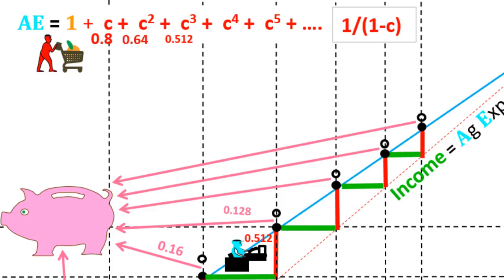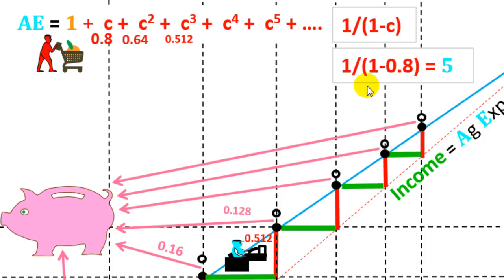And as C is 0.8 in this example, then this number is 5. The aggregate expenditure in this example is 5.